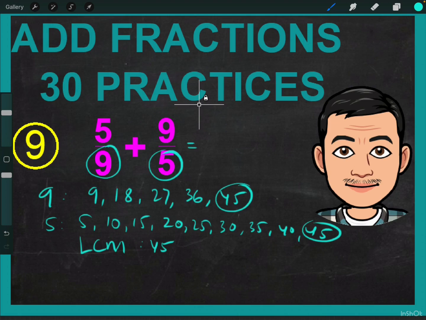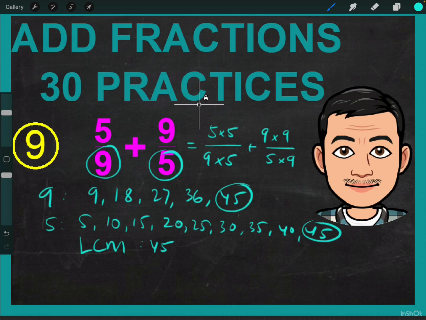So now we convert the original fractions. For the first fraction, we multiply 5 to both the top and the bottom. And for the second fraction, we multiply 9 to both top and bottom.